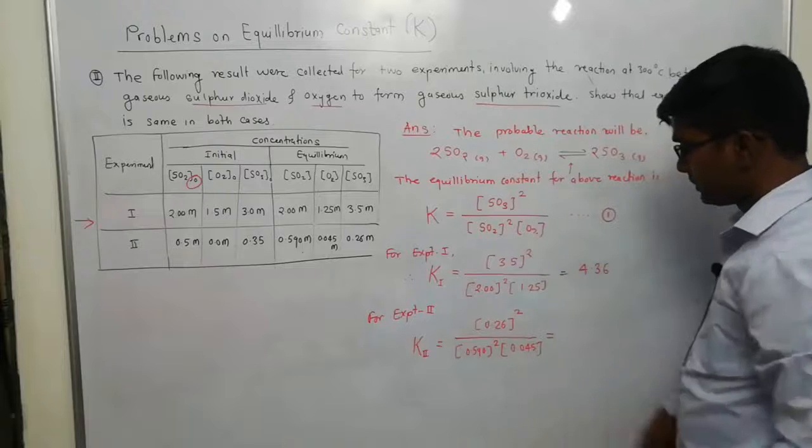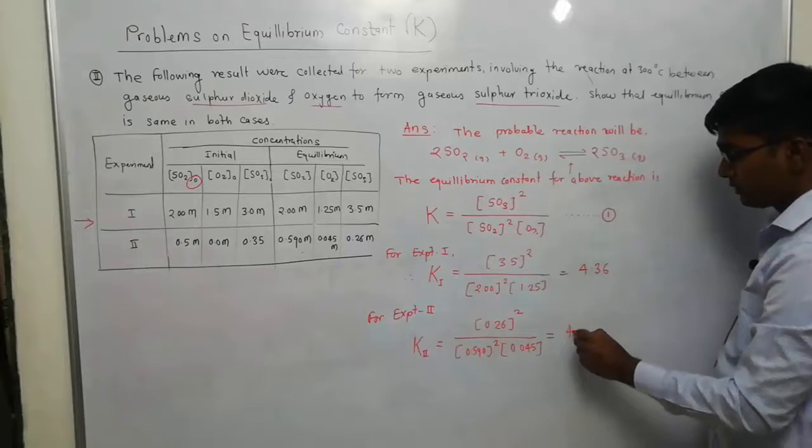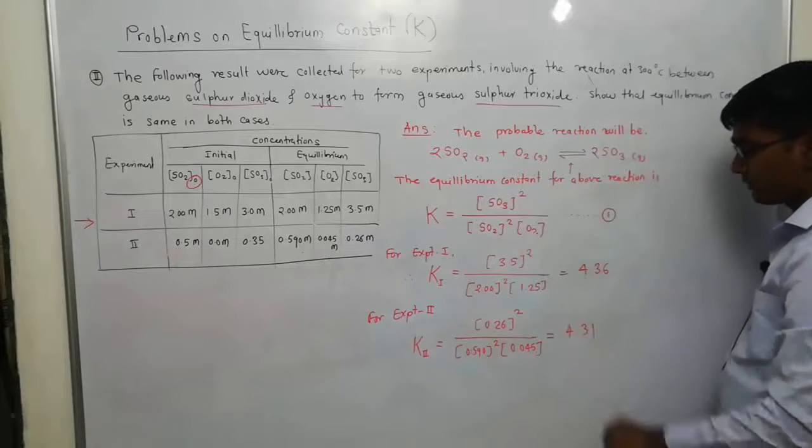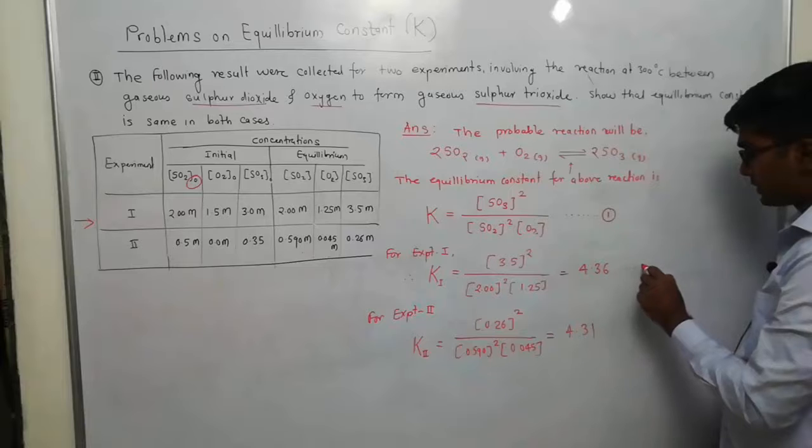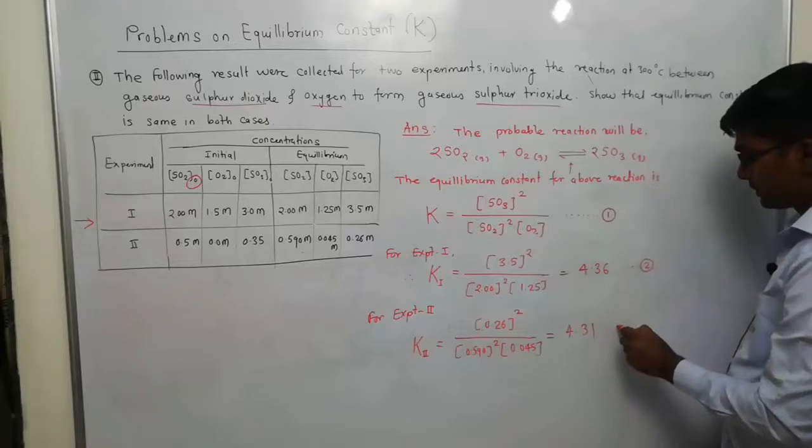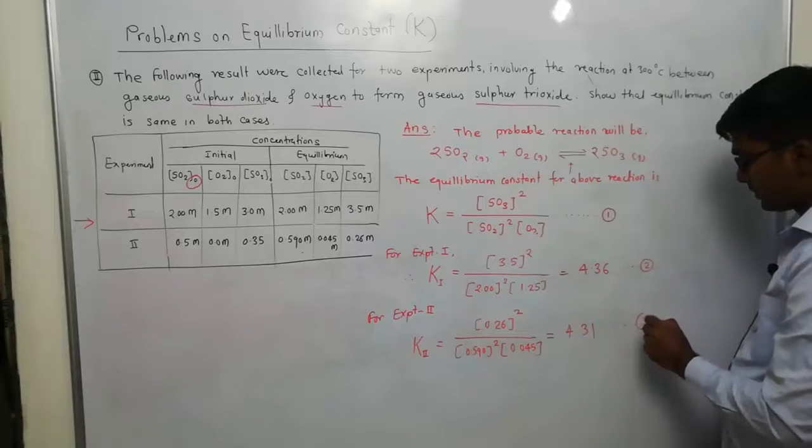If we simplify this, we get the value 4.31. So this is equation number 2, and that is equation number 3.